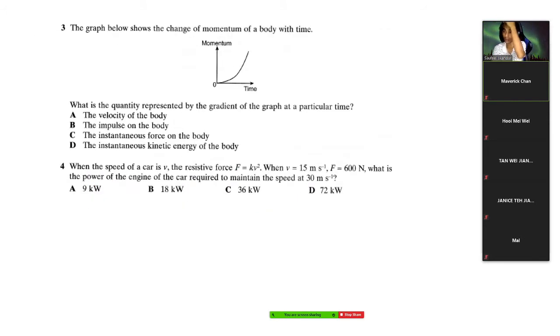The third: the graph shows the change of momentum of a body with time. What quantity is represented by the gradient of the graph at a particular time?